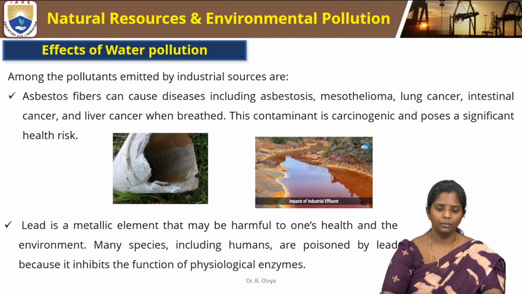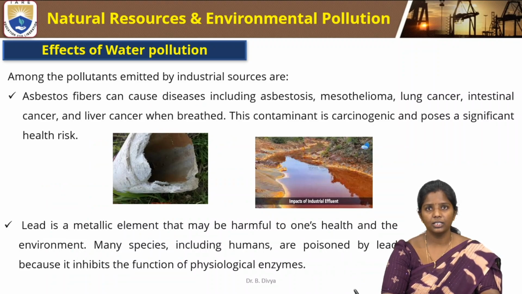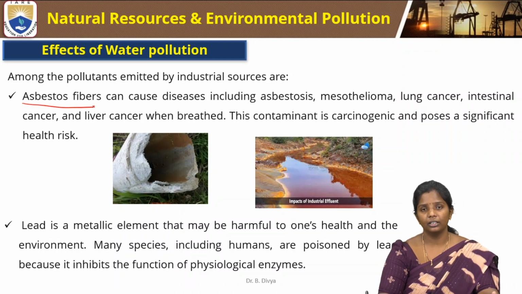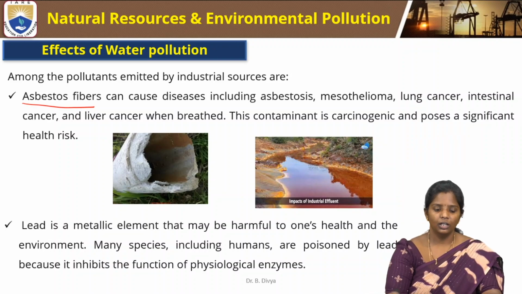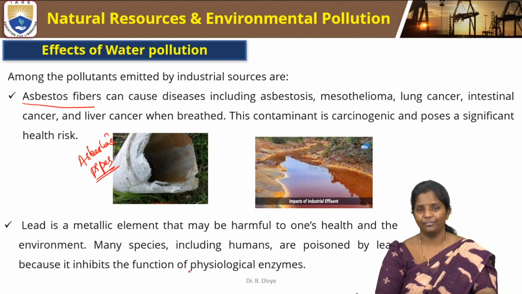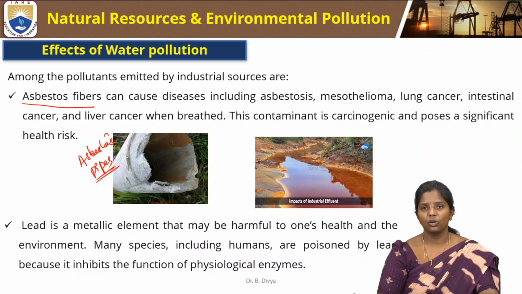Next, among other pollutants like industrial pollutants, one of the best examples is asbestos fiber, which is very dangerous. In traditional ways, we used to use asbestos pipes for the transport of water, like the municipal supply of water. In that, there is slow leaching of these fibers into the water, and we drink it.